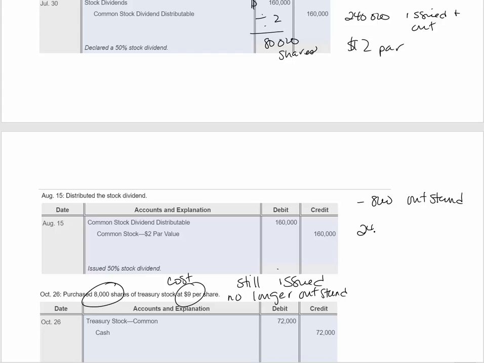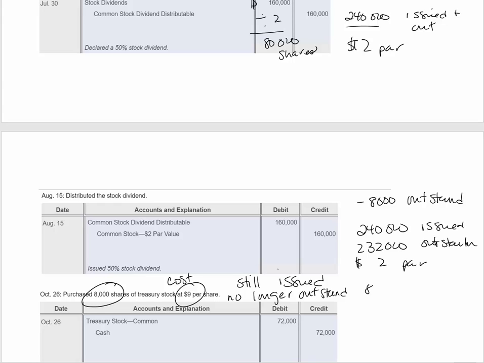So we still have 240,000 shares issued, which is what we had up here. But 8,000 of those are no longer outstanding. So that means we have 232,000 shares outstanding. And we're still at $2 par.